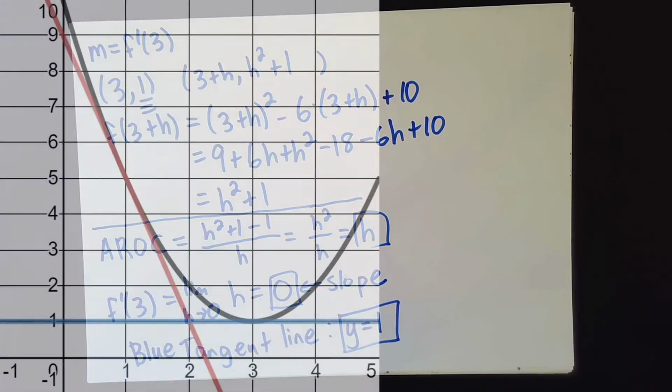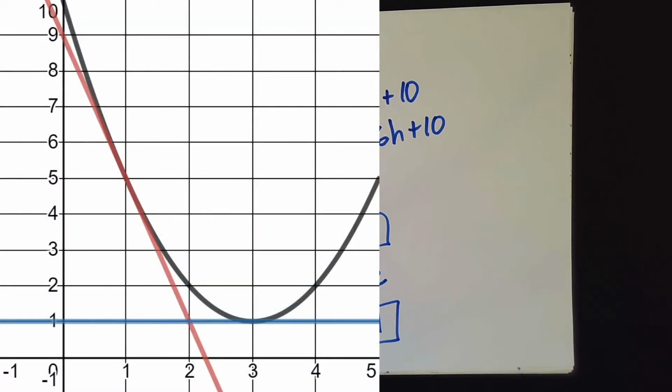Again, we can look at this in the graph, and we can see now the blue horizontal line there kissing the graph there at 3, 1. At that particular point, 3, 1, the graph of the parabola is not actually going anywhere. It's staying horizontal, which is why this tangent line here is horizontal.